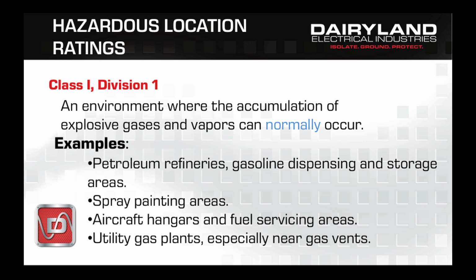Often, DAIRYLAND will install equipment at airports, where fuel is handled both inside hangars and on flight lines. Finally, at gas processing plants, the venting of explosive gases is a normal part of operations.